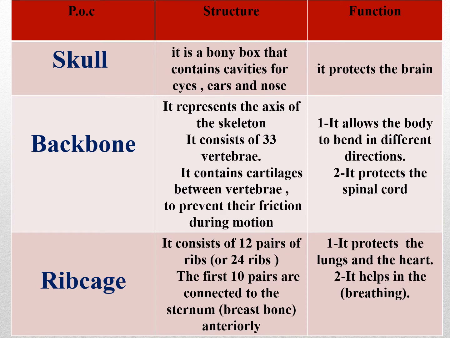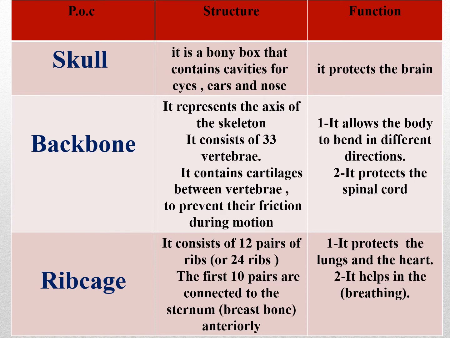The function of the backbone: number 1, it allows the body to bend in different directions. Number 2, it protects the spinal cord. Third, rib cage. It consists of 12 pairs of ribs.